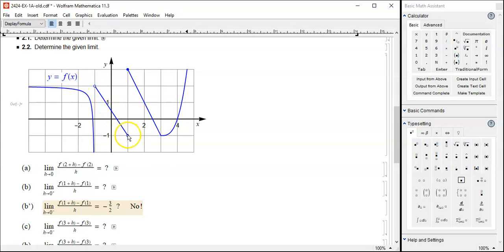That's because this point is hollowed out. Actually, the correct answer is undefined. To be a little bit more precise, this should be, let's see, positive infinity. Oh, I'll just say undefined.